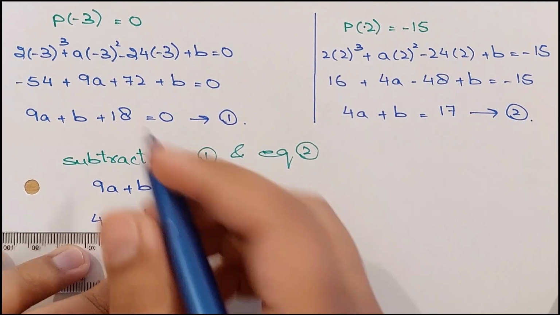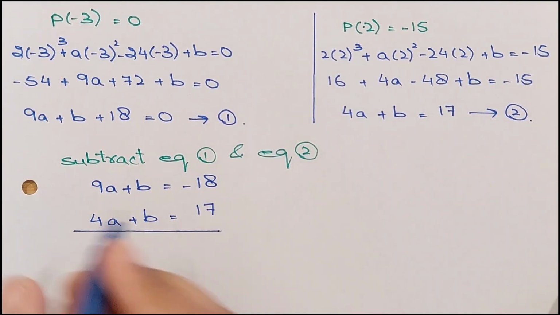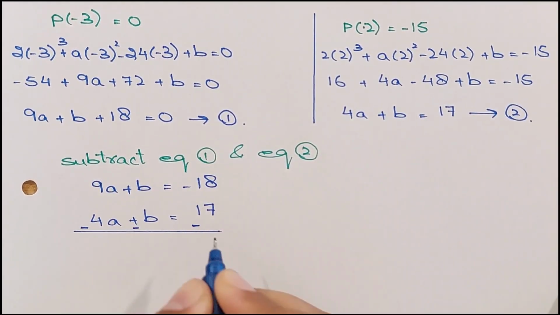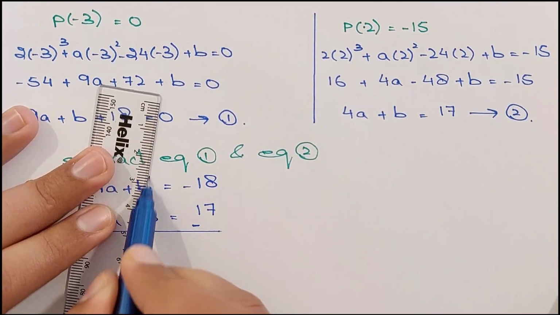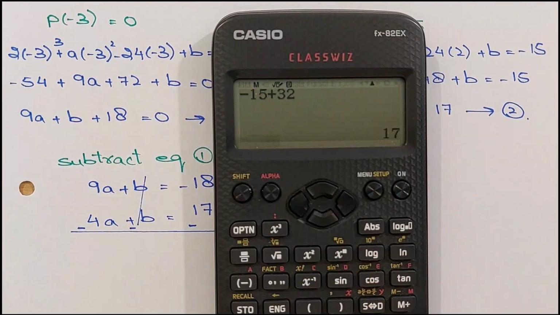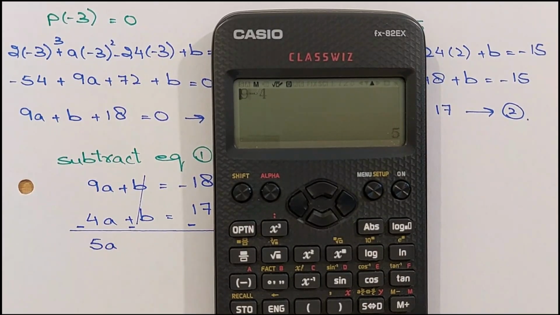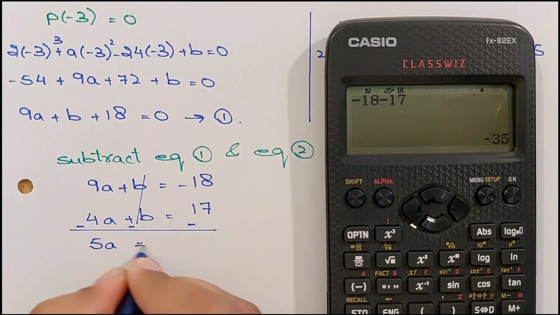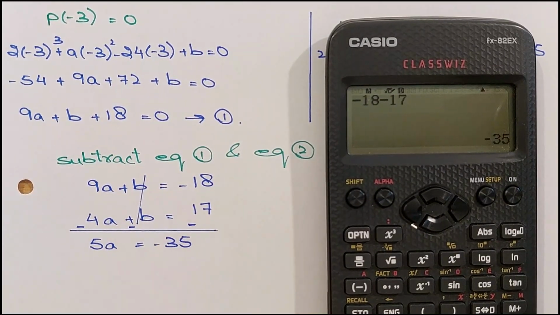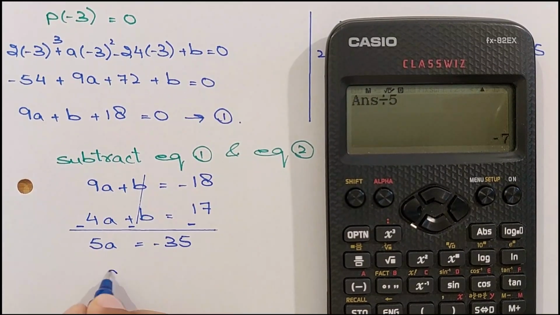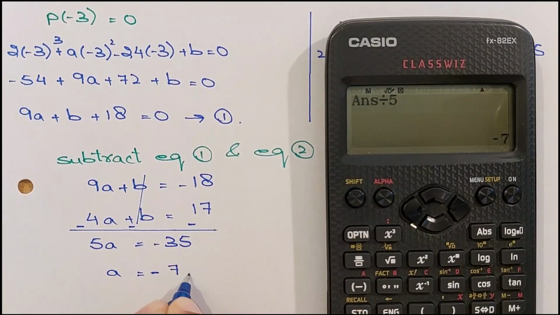Now for subtraction, we have to change the signs. So positive b and negative b is 0. So 9 minus 4 is 5a, and negative 18 minus 17 is negative 35. Negative 35 divided by 5 is 7. So the value of a is minus 7, sorry.